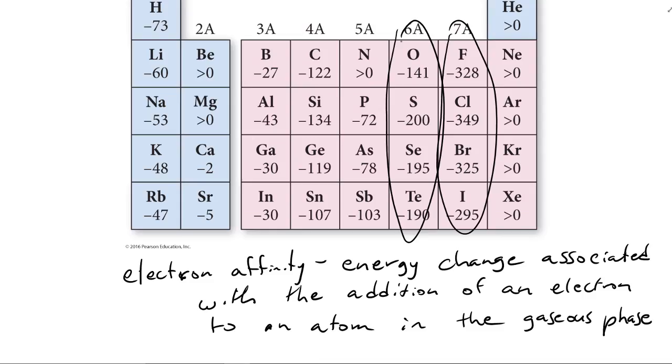So when we have large values like we do over in group 6A and 7A, these have a high affinity, or a high attraction, for electrons. But if we try to come up with general trends as we go, say, down within a group or across from left to right, we don't have the same really nice predictable trends as we do for the other properties. Any questions with these?